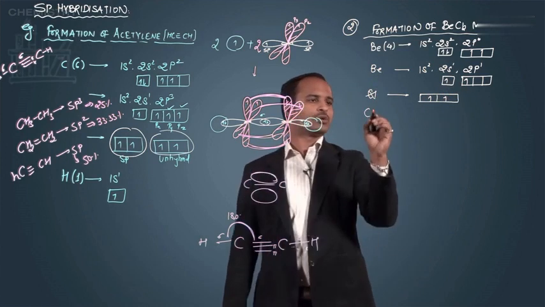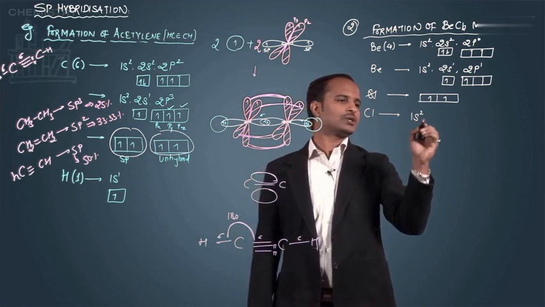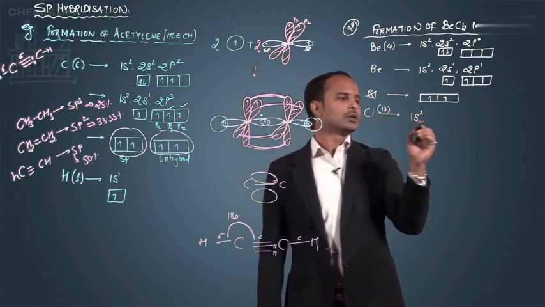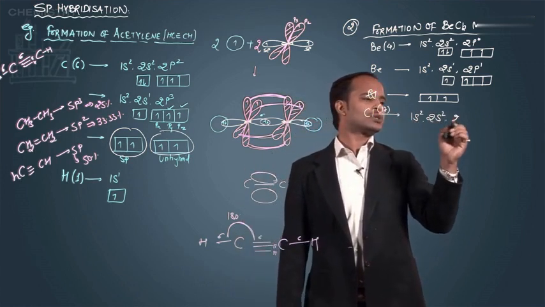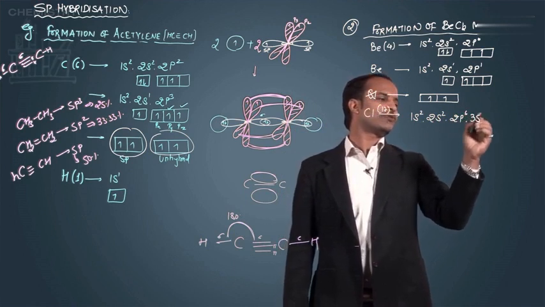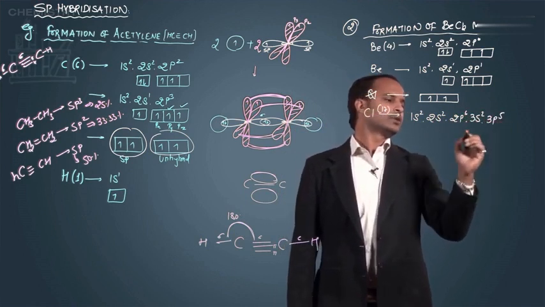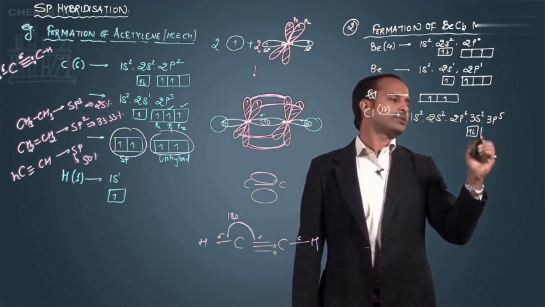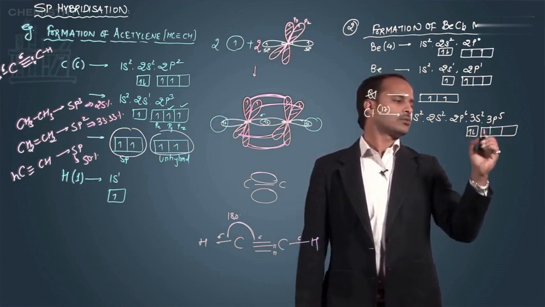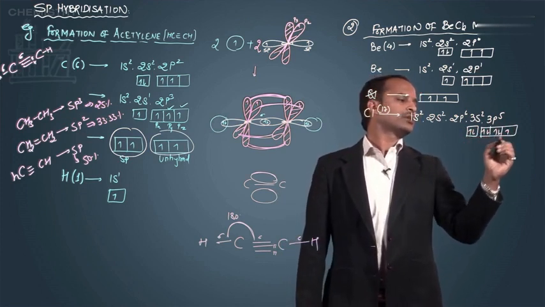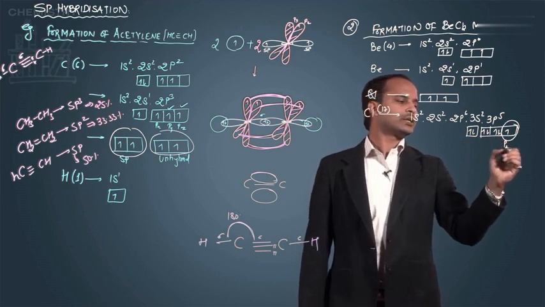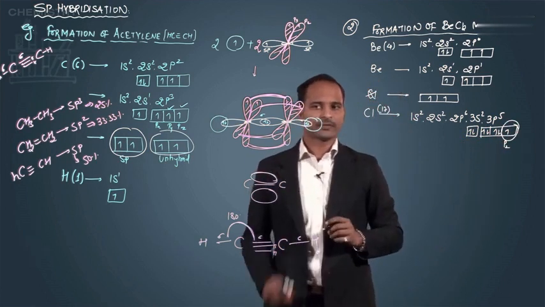Now let's talk about chlorine, whose atomic number is 17. So the configuration is 1s2, 2s2, 2p6, 3s2 and 3p5. So here we have s2 and p5 electrons. So I can say that the only half-filled orbital is the pz orbital. So pz will take part in bonding.